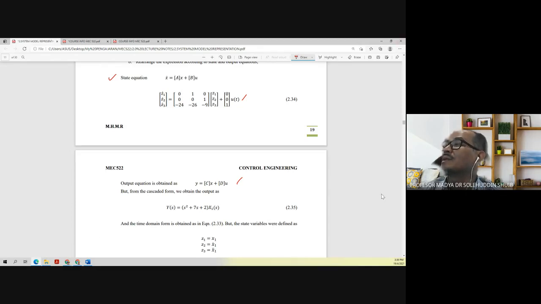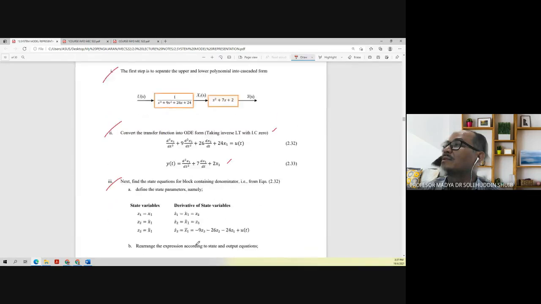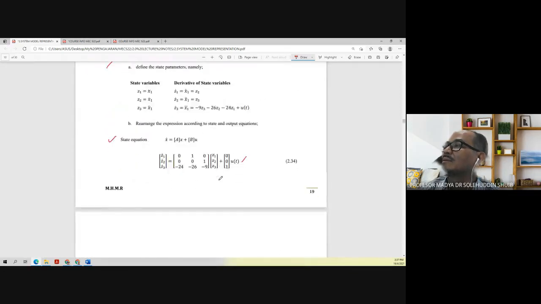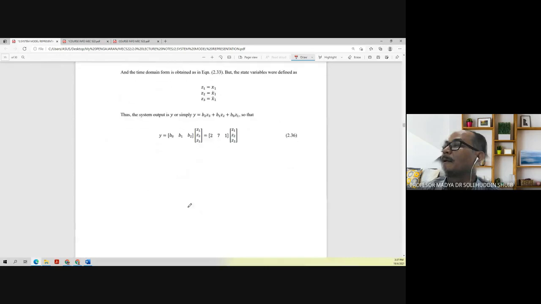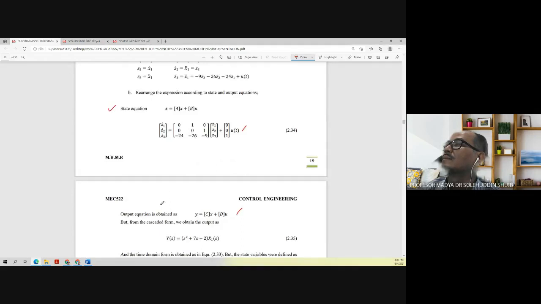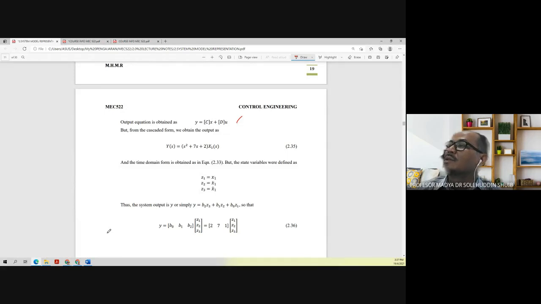The time domain form we can obtain from equation 2.33, but the state variables are defined as follows.